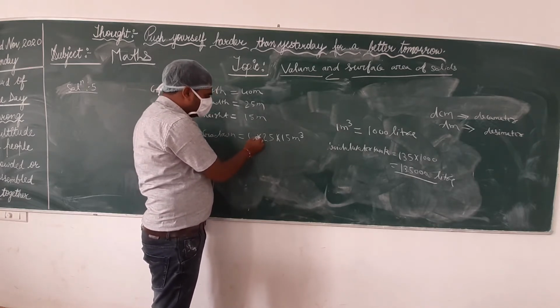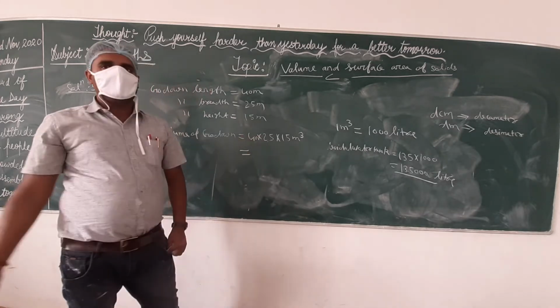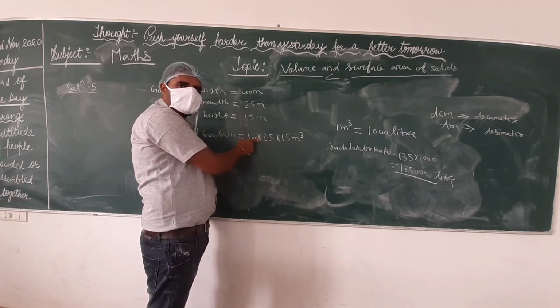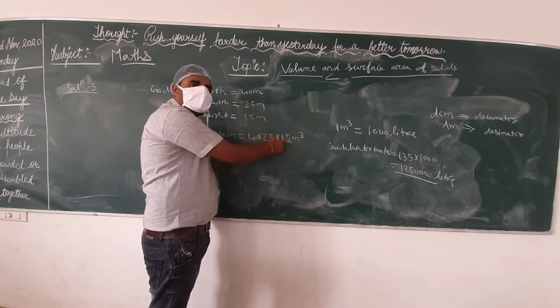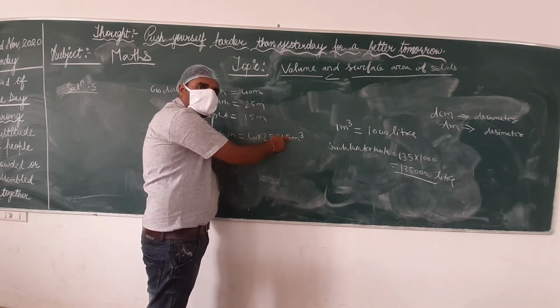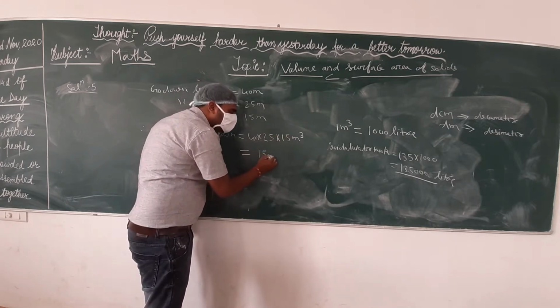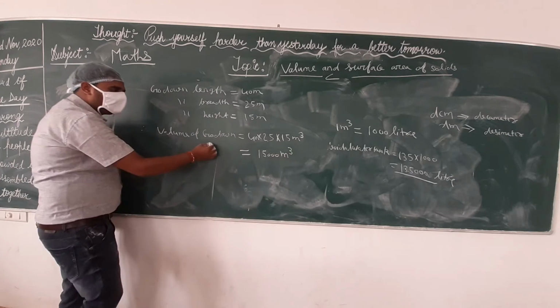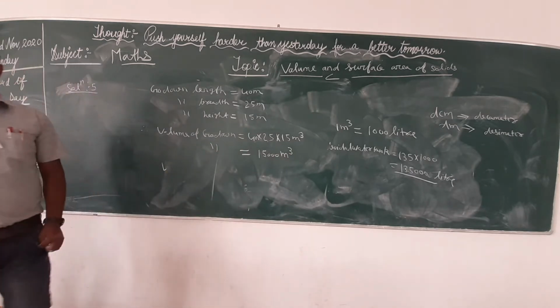This will be 40, 25 times 4 is 100, it means multiplied by 10. This will be 1,000. 1,000 multiplied by 15 will be 15,000 meter cube. See that volume of godown is 15,000 meter cube.